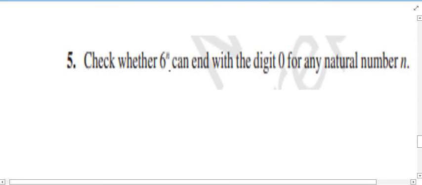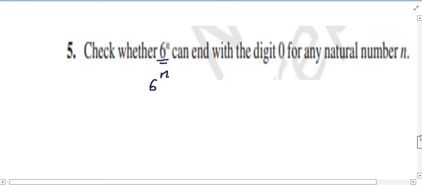In this question we have to check whether 6 raised to the power n can end with the digit 0 for any natural number. So we have to check whether this number 6 raised to the power n can end with the digit 0 for any natural number.